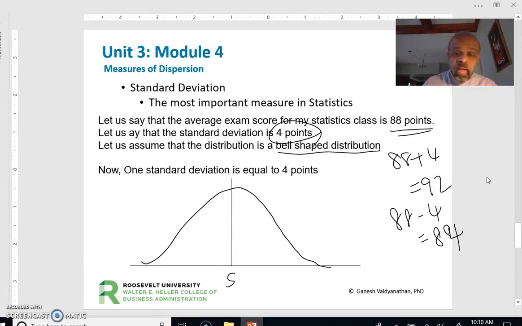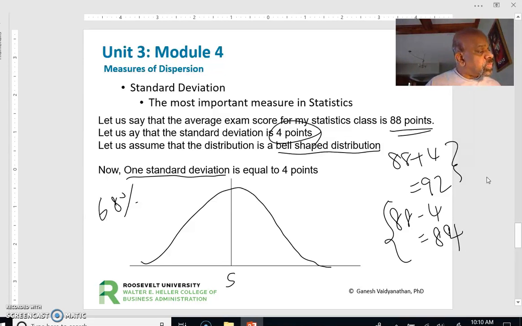So I have one standard deviation above the mean and one standard deviation below the mean. The empirical rule tells me that for this one standard deviation, 68% of the exam scores will fall between 84 and 92.